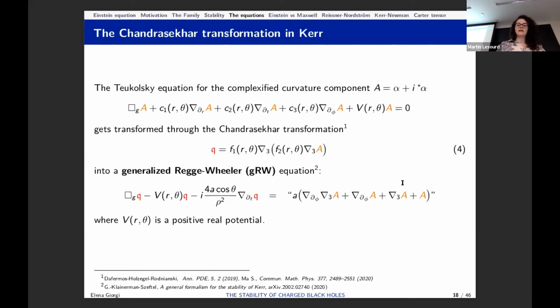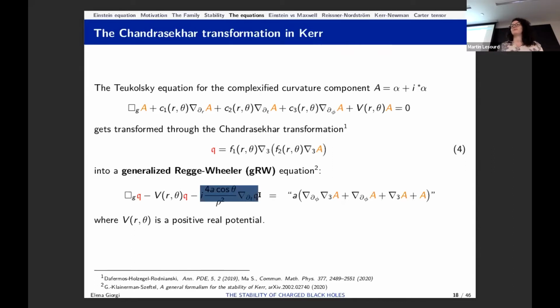So this kind of structure is what I'm going to call the generalized Regge-Wheeler equation, that was obtained by Dafermos-Holzegel-Rodnianski and Ma. And one may really be worried about this equation because you have, for example, this first order term, nabla t.